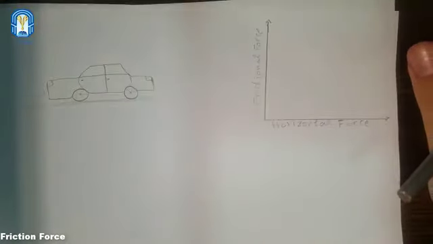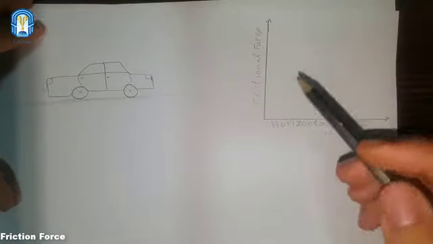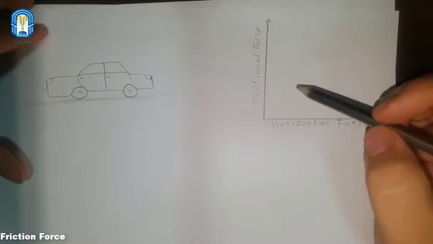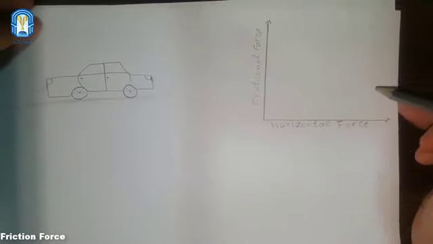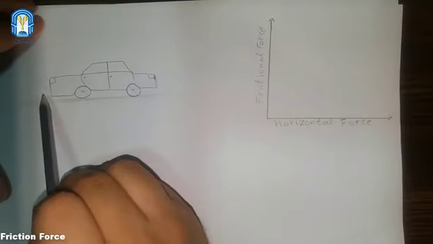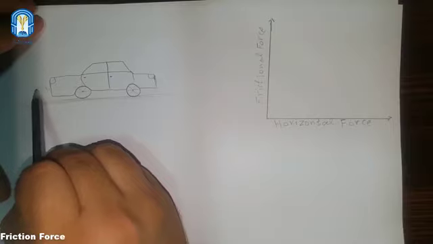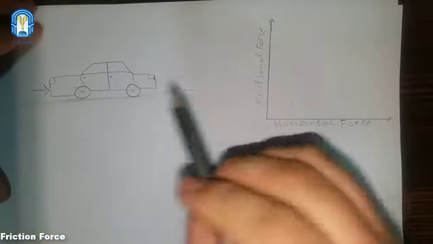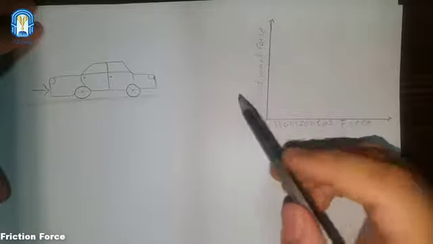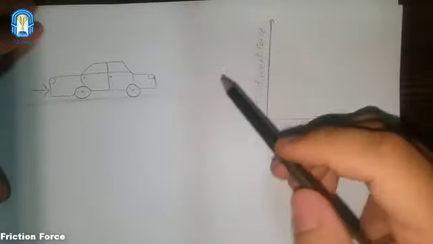First of all, you should know about the difference between kinetic friction and static friction. For example, in this car, if you push it in here, the car doesn't move because there's something called static friction.